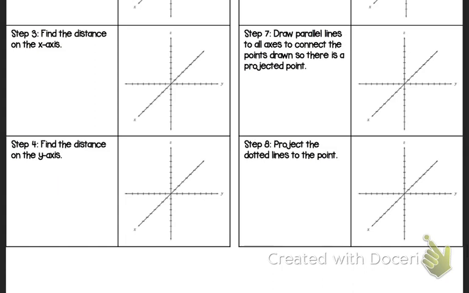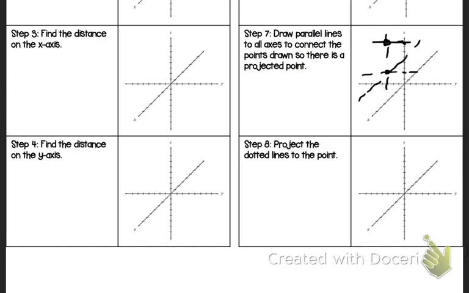So we have our x, our y at negative 5, 1, 2, 3, 4, 5. So it's crossing the y-axis at negative 5. And then our z was up here at 1, 2, 3, 4, 5, 6, 7. So that's going to be up to here. So we're going to take this point and raise it up 7. So it should cross here. And that should be your new point.